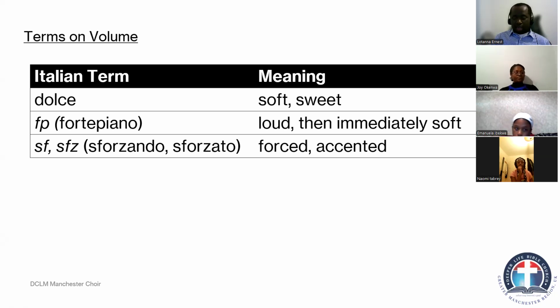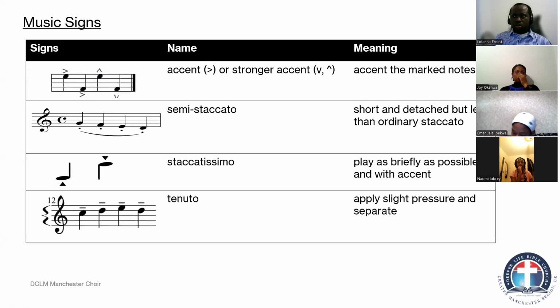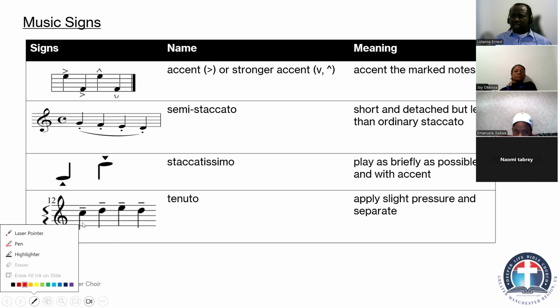Okay. And now we go to musical science. So this is the final one, musical science. We've looked at terms, but you'll be examined on signs also. So let's see. If you see this thing that looks like greater than or less than, all right?